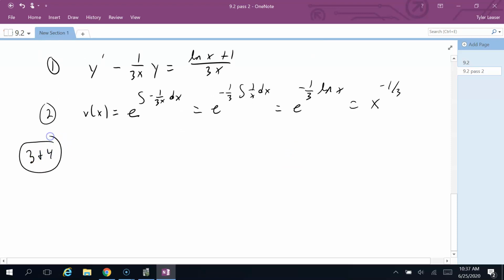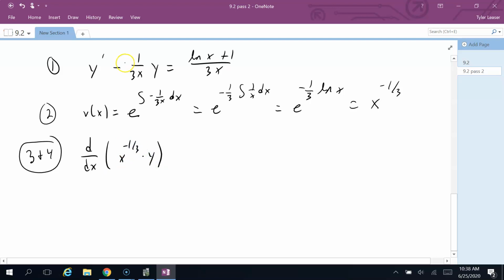What I'm going to do here is go ahead and skip step 3 because it's not really important. I'm going to kind of combine 3 and 4 together. Remember that the whole point is that this integrating factor is multiplied onto the standard form of your differential equation, and then the left-hand side you can just automatically rewrite as the derivative of this integrating factor times y.